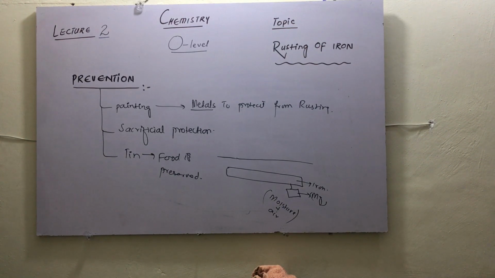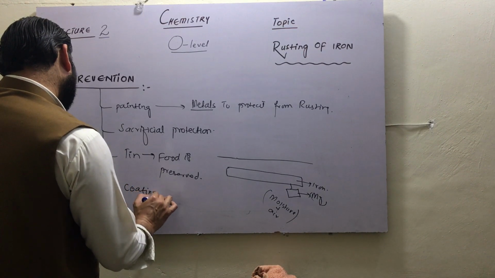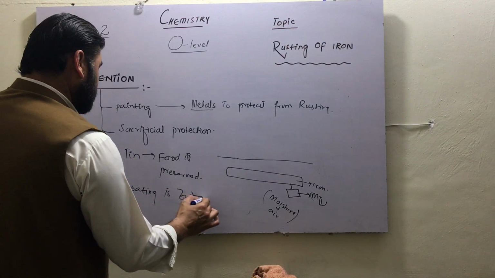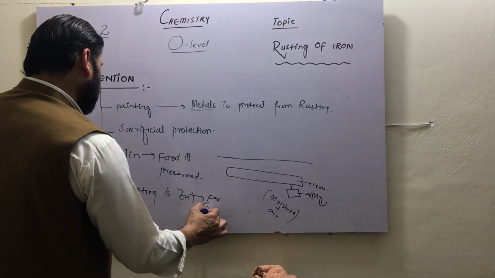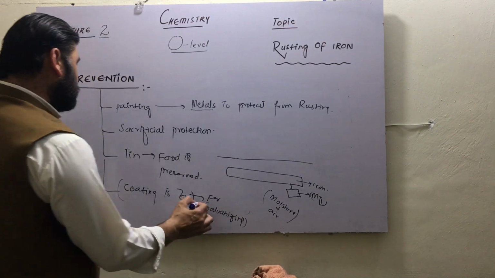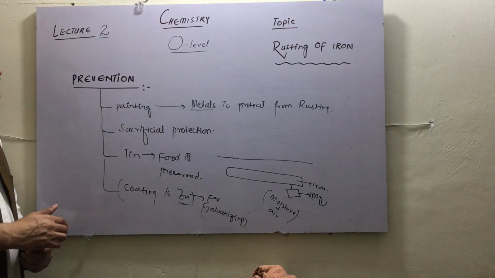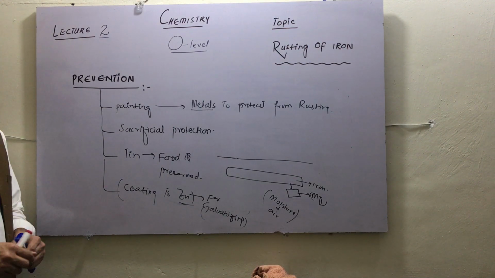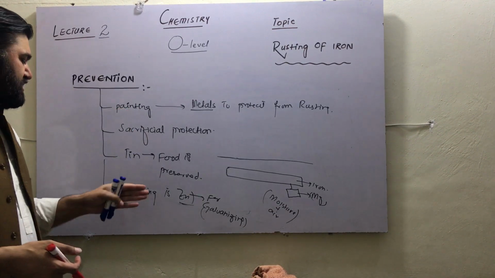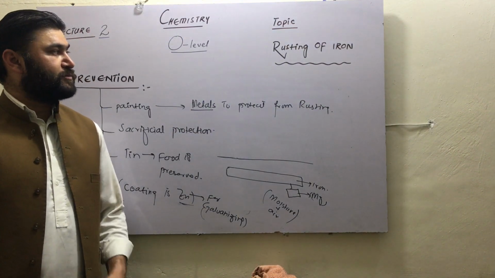The most important coating is zinc, used for galvanizing, so it protects from rusting. So the most important forms to prevent substances from rusting are painting, sacrificial protection, tin, and coating of zinc.